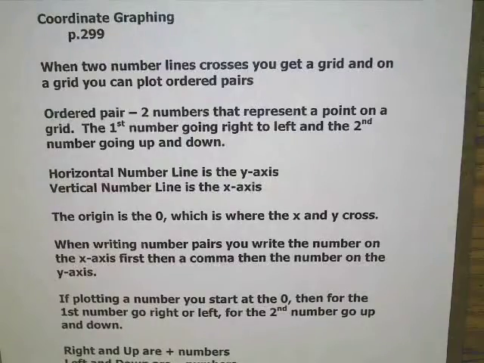The second number will go up and down on the number line. And when we have our two number lines, our horizontal number line represents our y-axis. So y goes up and down. And our vertical number line represents our x-axis.